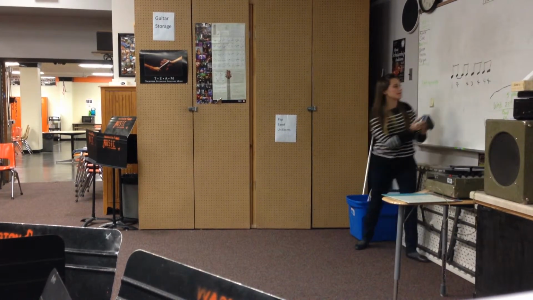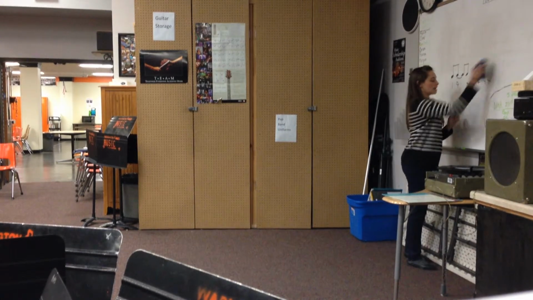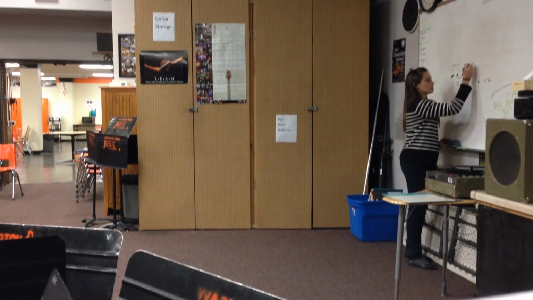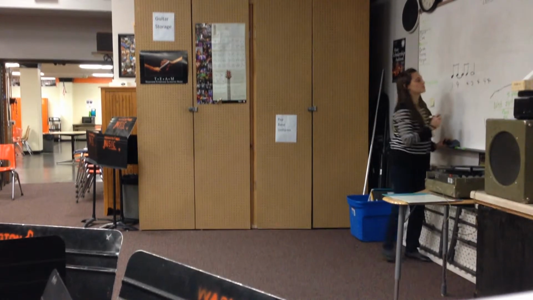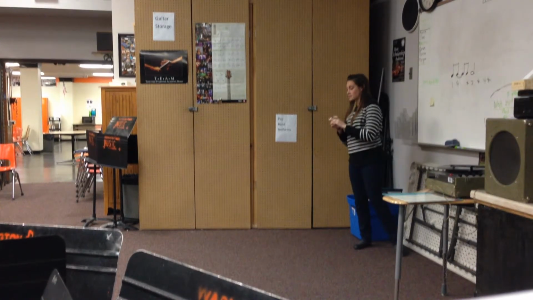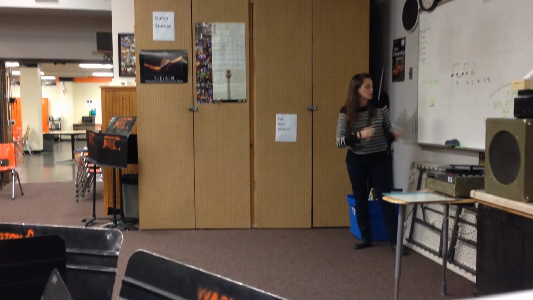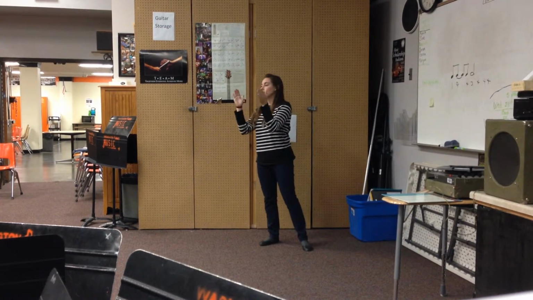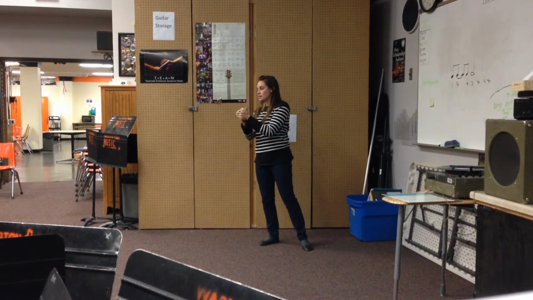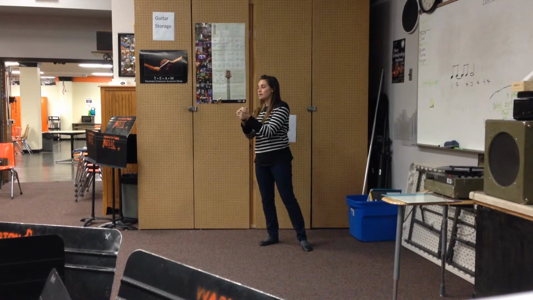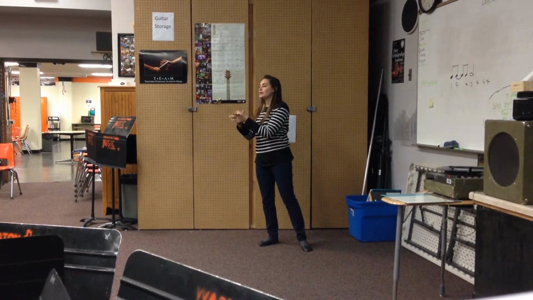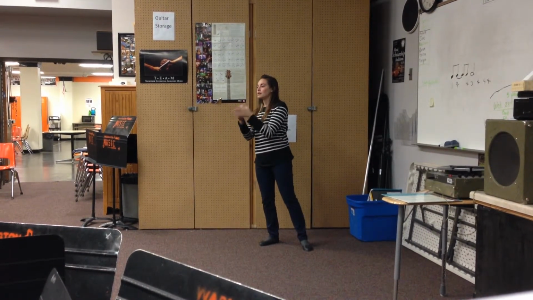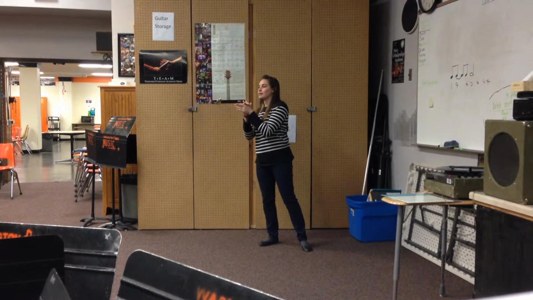So if I replace these eighth notes with a half note, we pretty much have the same rhythm as the second measure up there, right? So let's clap that. Ready, 1, and 3, and 4, and. One more time. Ready, go. 1, and 3, and 4, and.